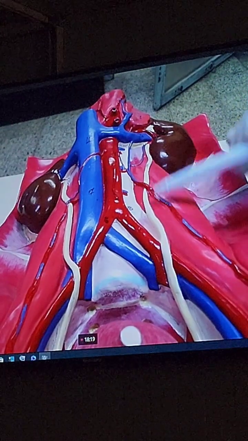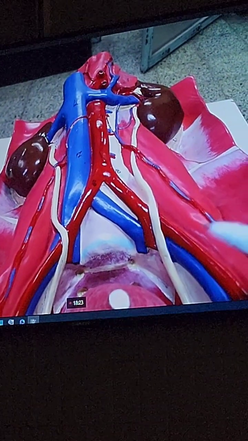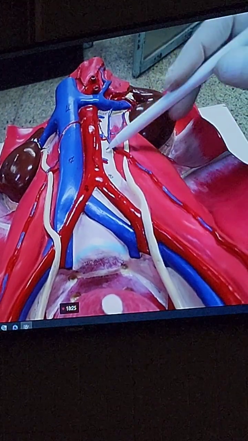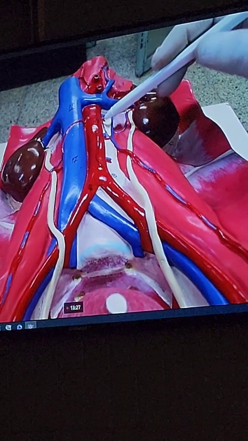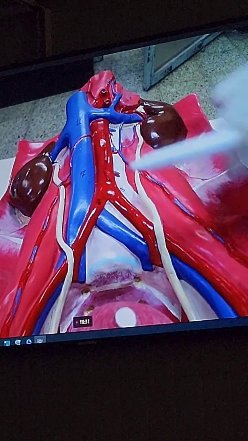So this is the ureter, this is the gonadal vessels, and this is the psoas major muscle. See here the aorta, with four lumbar lateral branches. The veins follow them.